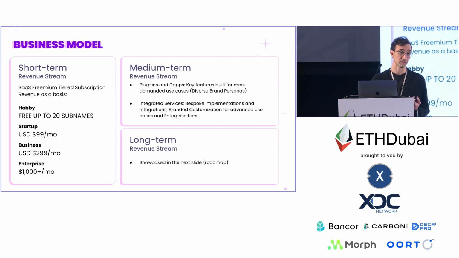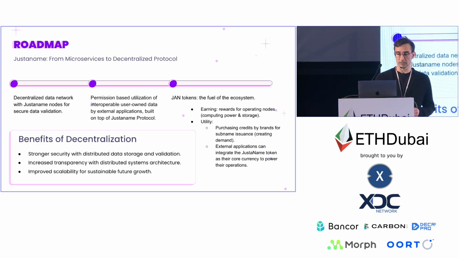If you're an NFT community, it's very different than if you're a protocol or a dApp or a DAO. So we're going to extend the freemium model by building specialized plugins and dApps for each one of these personas.